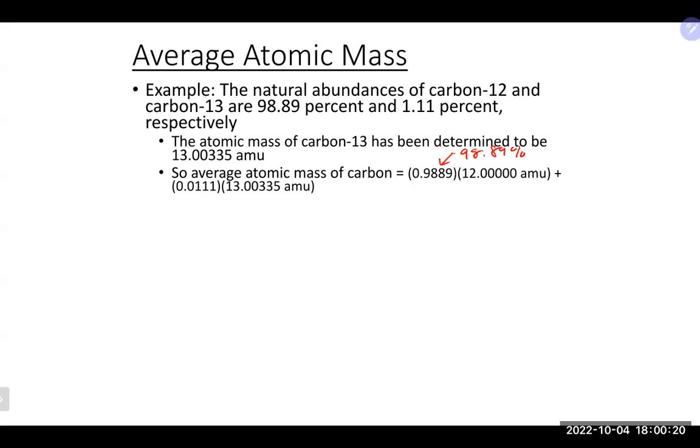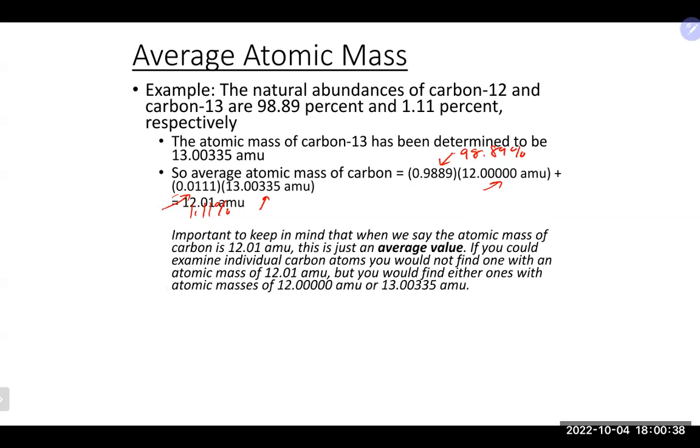Move the decimal place 2 places to the left, or divide by 100, whichever way you want to do that. That is times the atomic mass of the first isotope. Then we add 1.11% converted into a decimal times the atomic mass of the second isotope. And when you do that, you end up with 12.01, which is the average atomic mass that we do see on the periodic table.